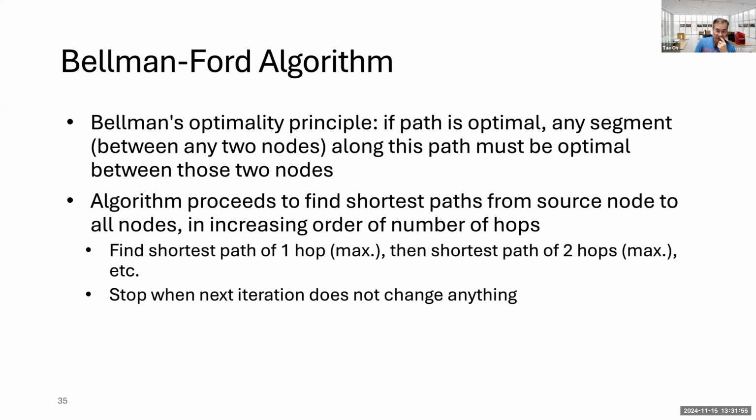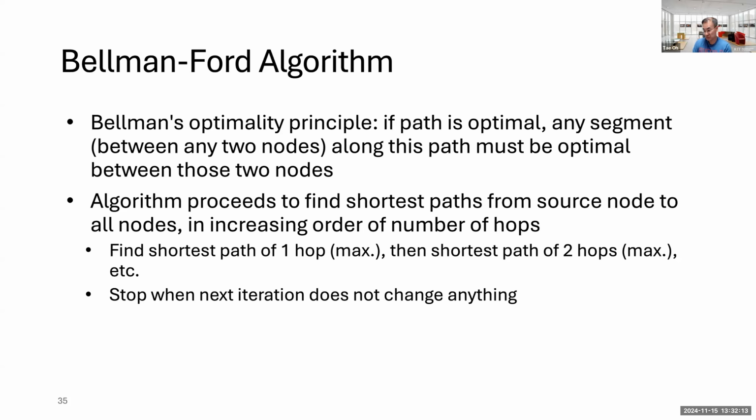The algorithm proceeds to find the shortest path from the source node to all the nodes in increasing order of the number of hops: the shortest path of 1 hop, the shortest path of 2 hops, and it stops when the next iteration does not change anything.